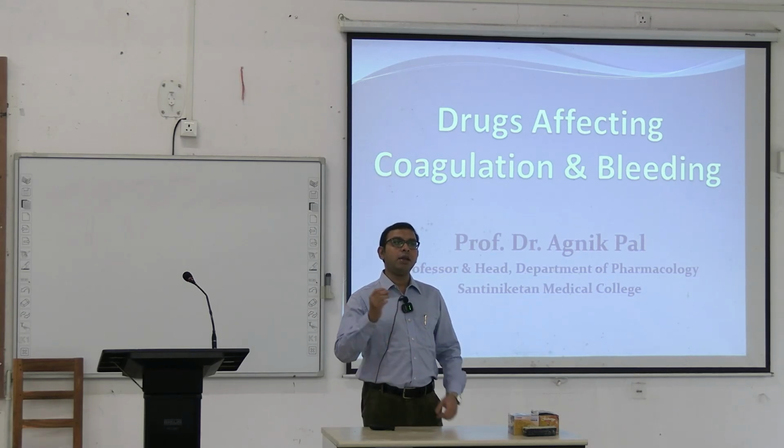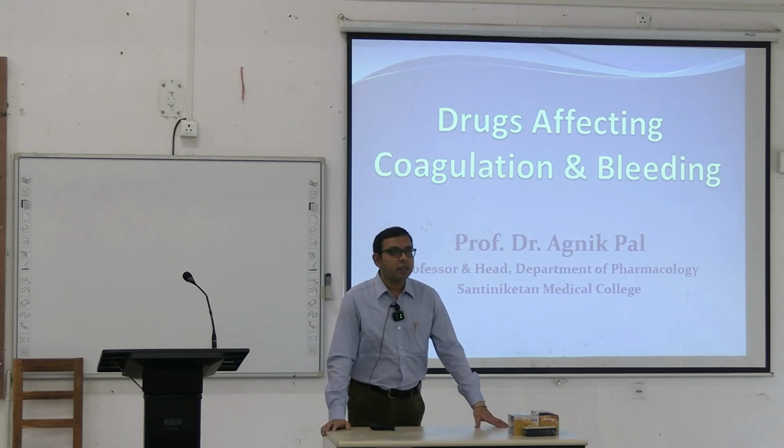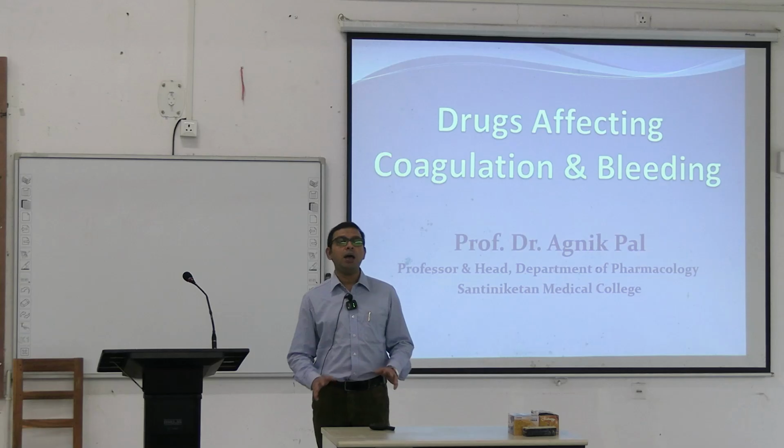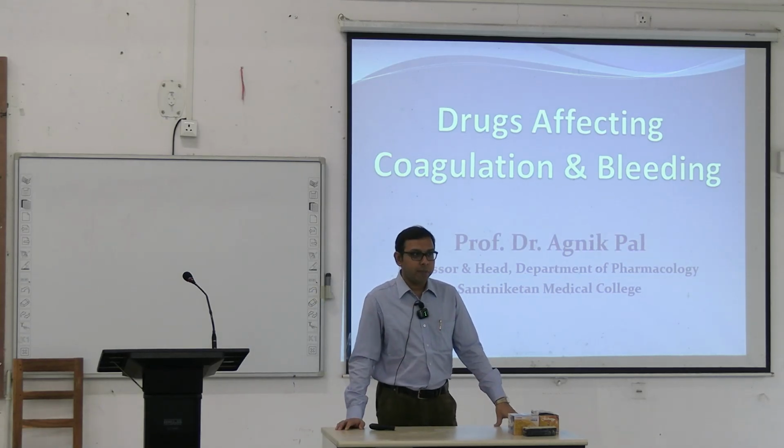On the other side, if there is a problem in coagulation, a problem in the different proteins that help in coagulation, that leads to more bleeding. For example, hemophilia. You have heard in physiology that hemophilia mainly happens due to factor 8 or factor 9 deficiency.